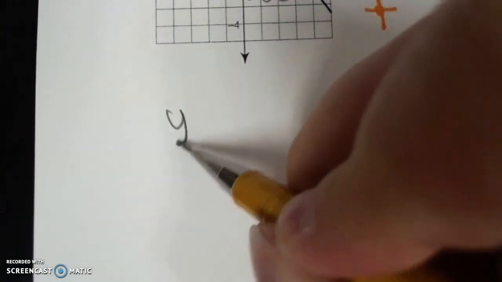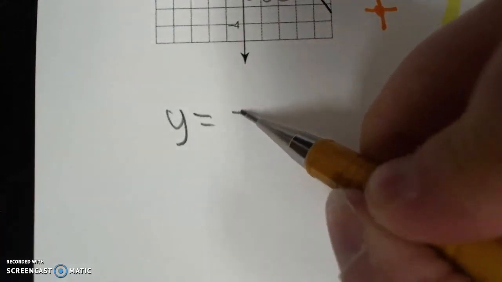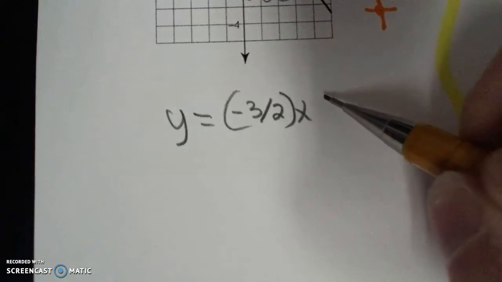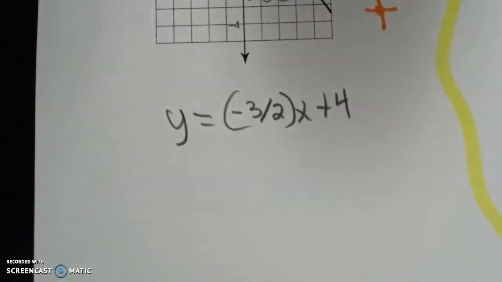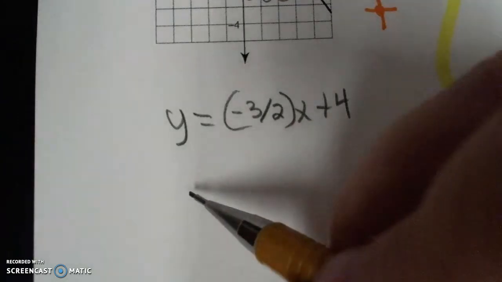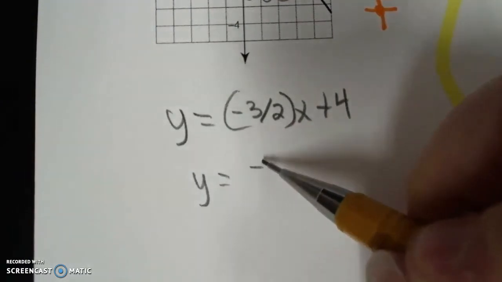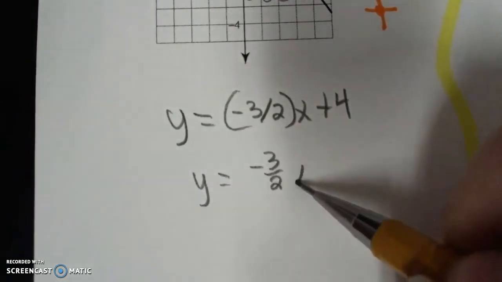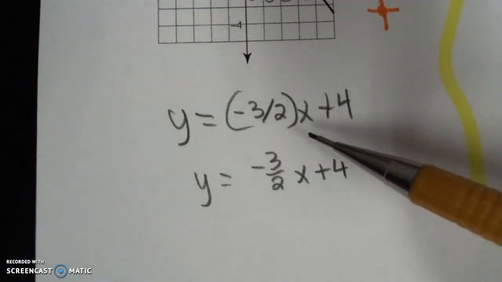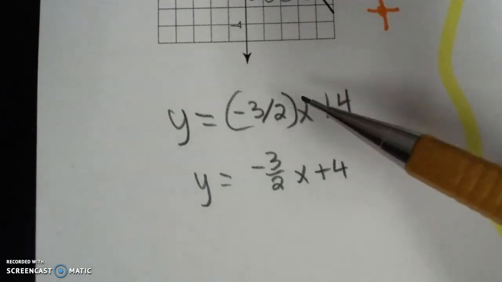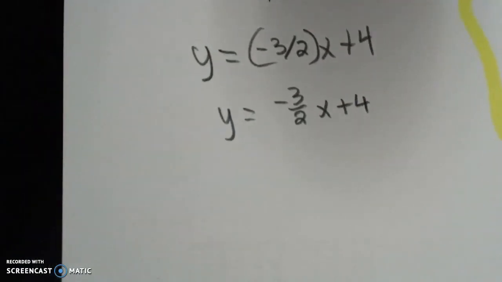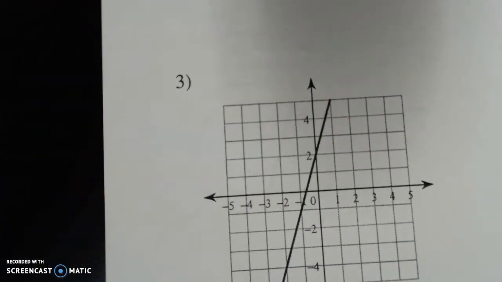And so I'm going to write it y equals negative 3 over 2x plus 4. In the computer, that's how you're going to do it. If you were in class, it would look like this. But because we have to protect our fraction, we're going to write it like that. And we're going to repeat the process a couple of times.